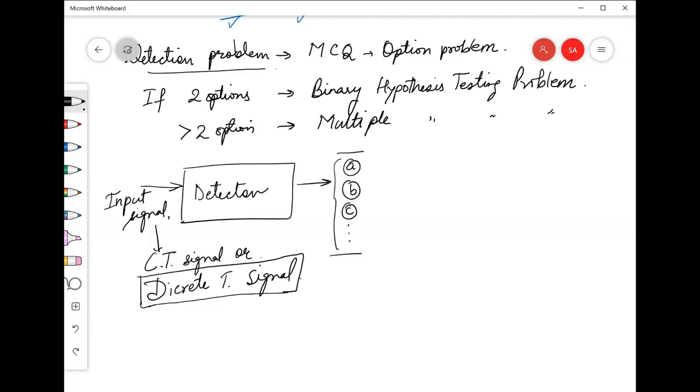We will have signals which are available at different time instances, not in the continuous domain.